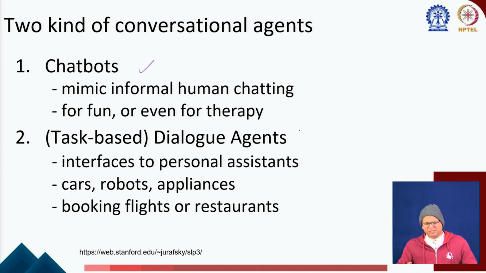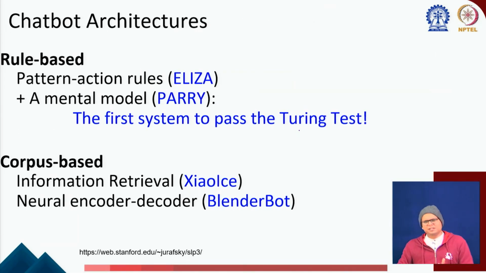So, these are typically two kinds of conversational agents, and the architectures are again rule based methods. These were the very early models like Eliza and Parry, and in their own sense they were able to even pass the Turing test. But they were based on very simple rule based methods, and this had some mental model.